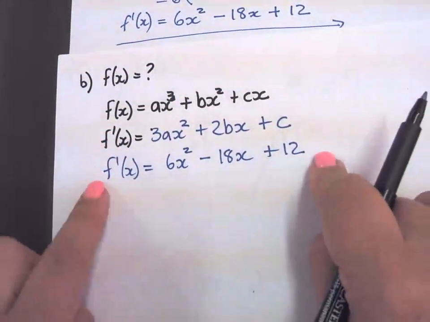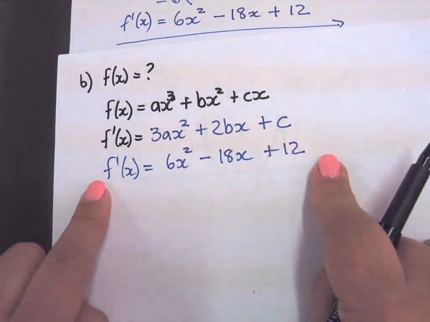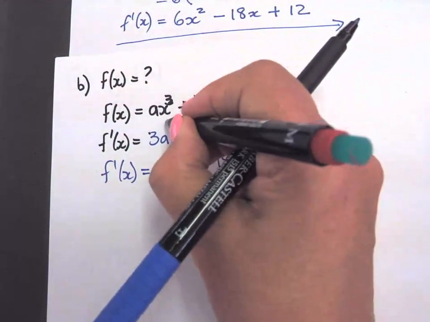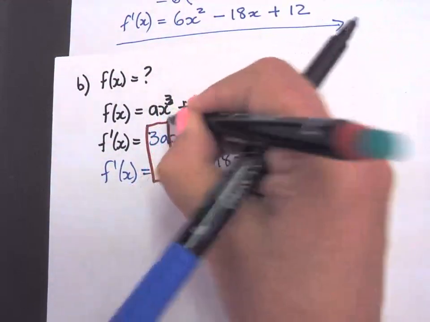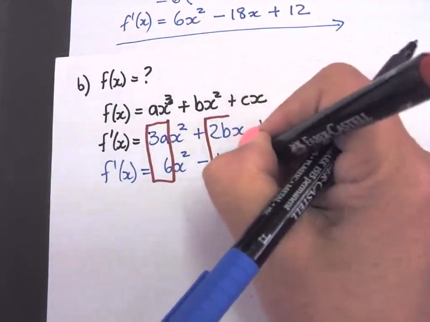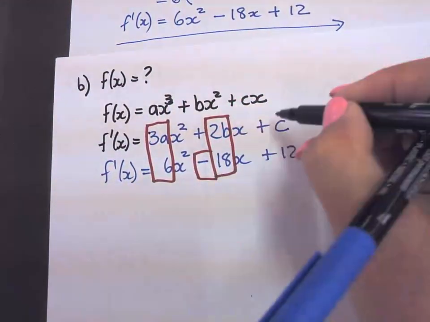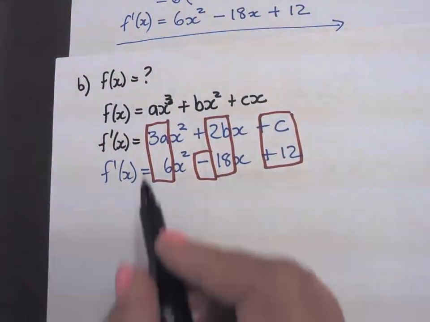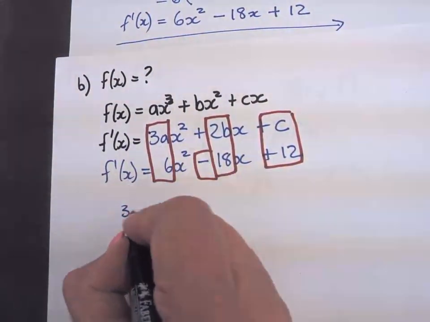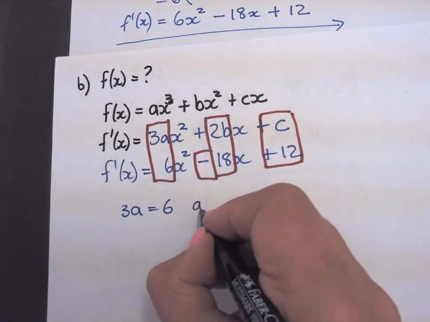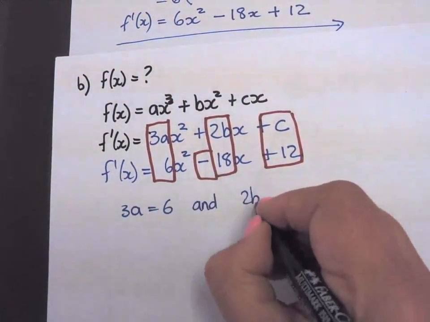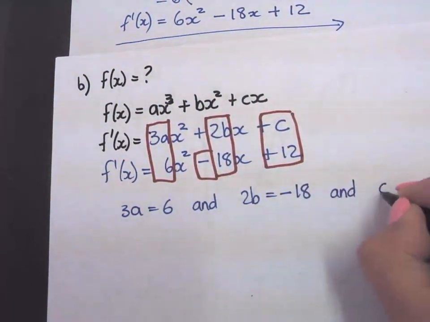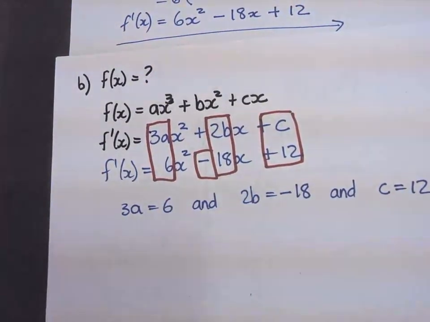These two must be the same because it's the same function. Do you agree? Therefore, the coefficients must be the same. So 3a is equal to 6 and 2b is equal to negative 18 and c is equal to 12.